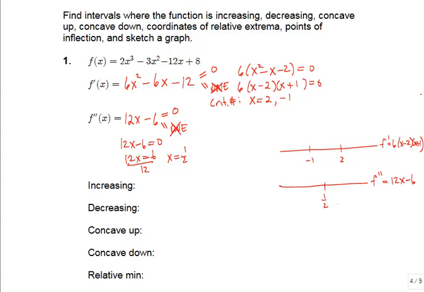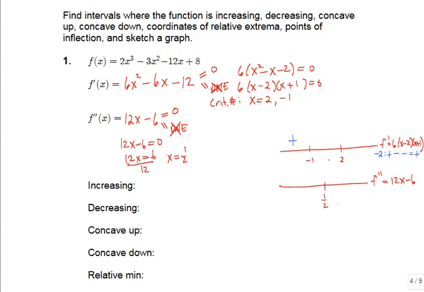Now when you do your test points, you're testing it into that particular derivative for that particular number line. So for example, if I want to figure out what sign I want over here, I would need to test something less than -1, say -2. So if I plug in a -2, 6 is obviously positive, -2 minus 2 will be negative, and -2 plus 1 is negative, so two negatives make a positive, so this will be plus.